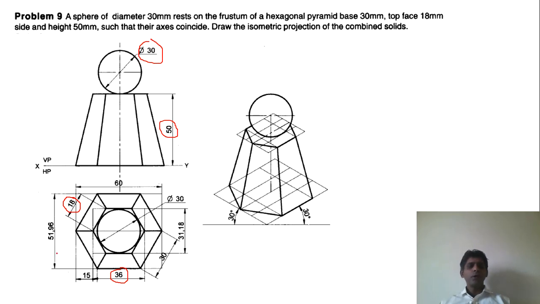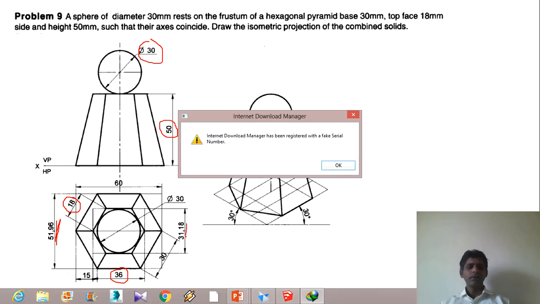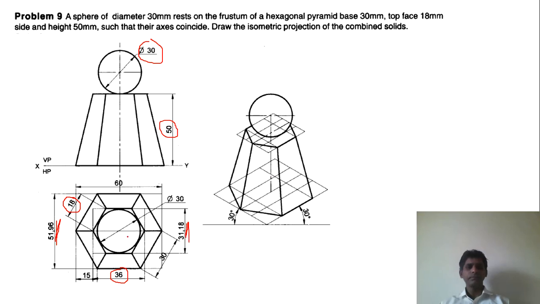But what we should note here is that we will not know some of these dimensions, for example this value here, this value here, and what is the distance of this corner from this particular point.